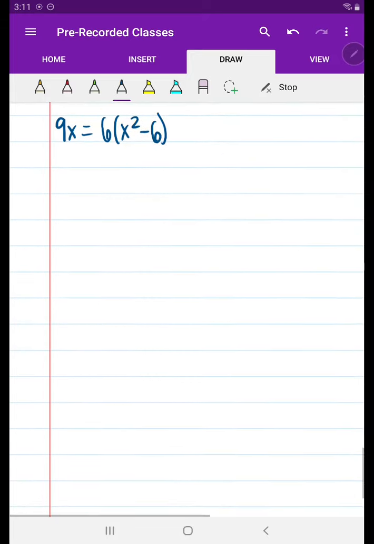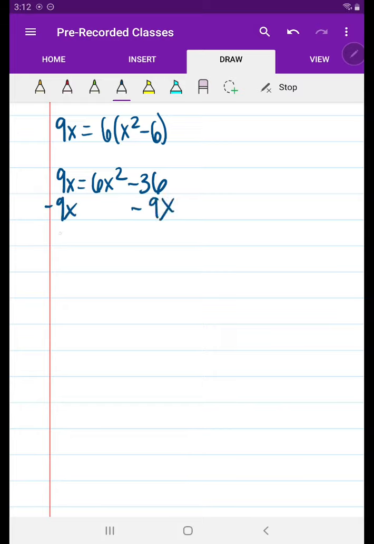And so if we simplify this, we'll have 9x is 6x squared minus 36. So I'm going to minus 9x from both sides, and so 0 is 6x squared minus 9x minus 36. And so this is something that we can factor with first and last to solve.